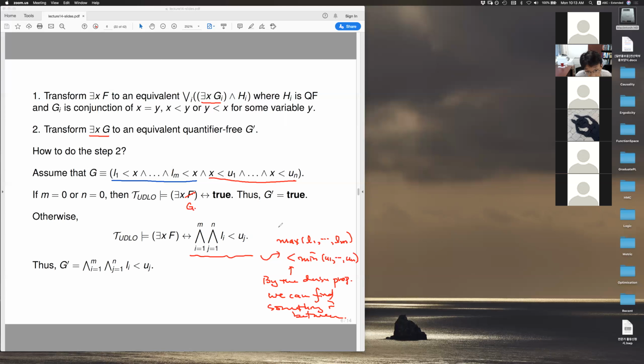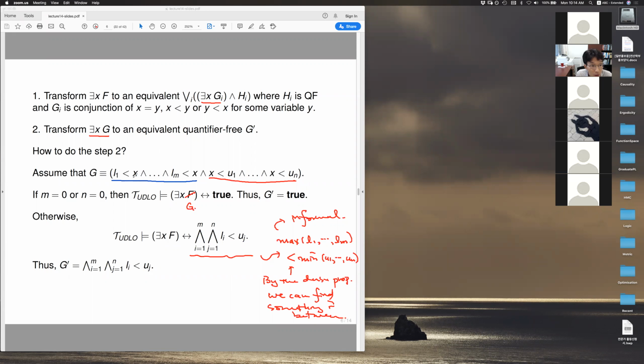I give this as more of an informal explanation, but you can formally convert this informal argument into a formal proof that these two things are equivalent. So just to sum up, we have quantifier elimination in this case. Quantifier elimination first turns exists x dot F into some simplified formula where the existential quantification is only over a conjunction of less-than relationships involving x.